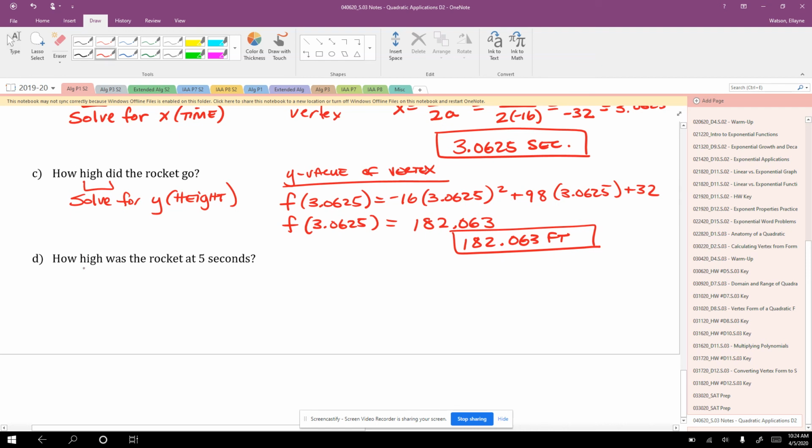And so again, how high? So solving again for y, which is height, but this time it's when x equals 5. Okay, so f of 5 is equal to negative 16 times 5 squared, plus 98 times 5 plus 32.